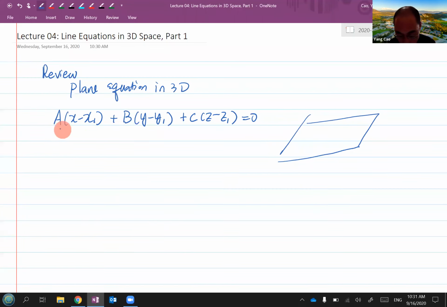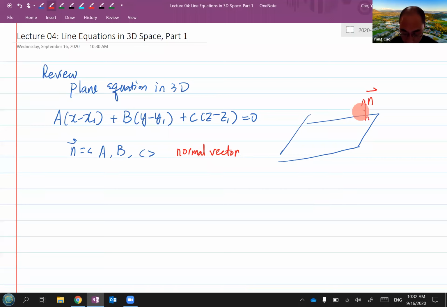Number one, the coefficients A, B, C here. And we call this the normal vector to the plane. So this is the so-called normal vector. It's perpendicular to the plane.